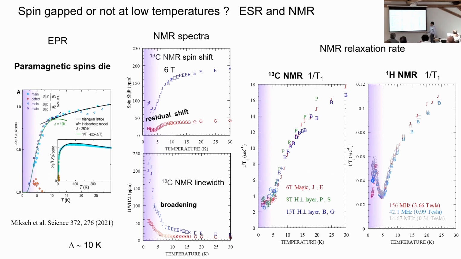You see, at low temperatures the NMR relaxation rate is going up. So at low temperatures, maybe the NMR spectrum is wiped out because of local fields. So the carbon-13 relaxation rate proves that the relaxation is due to spin diffusion.